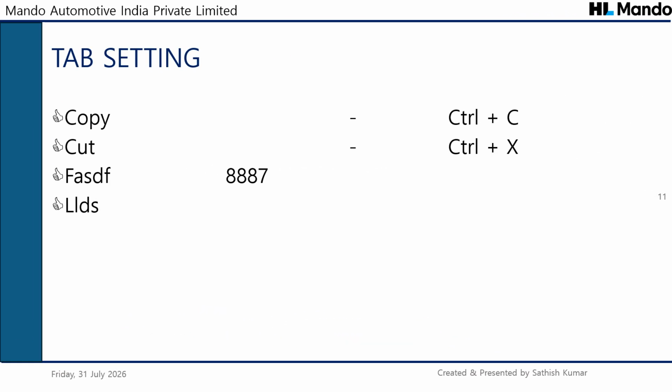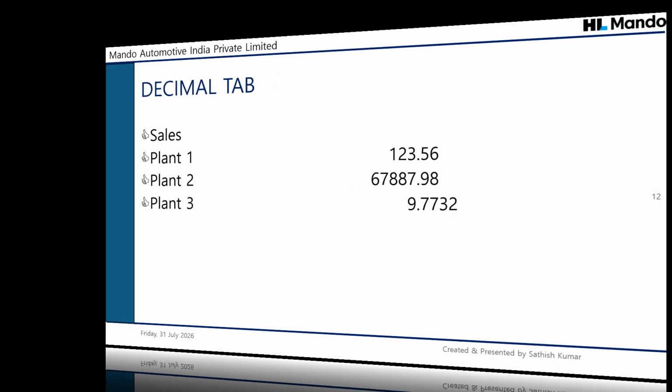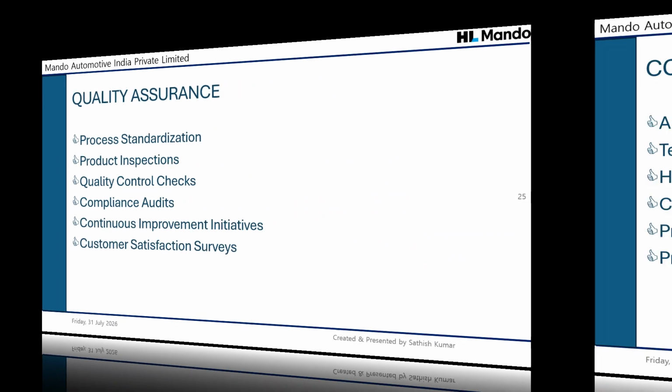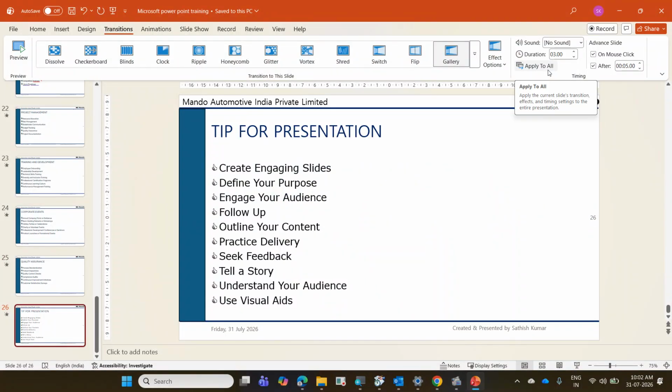After 25 slides, the 26th becomes blank, which I don't want. You would have seen in the reception, in the shop floor or anywhere else, after all the slides are over, it will restart from the first slide.